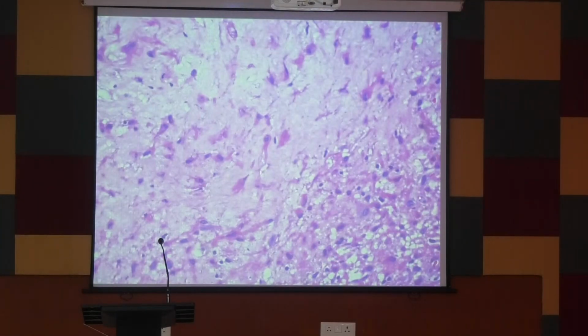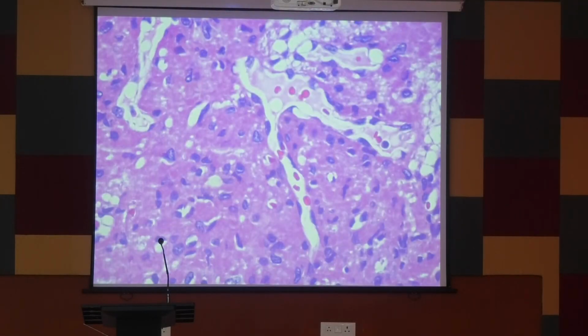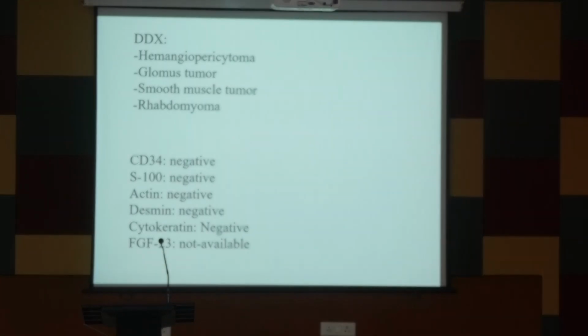Histiocytoma. Differential diagnosis is very important.